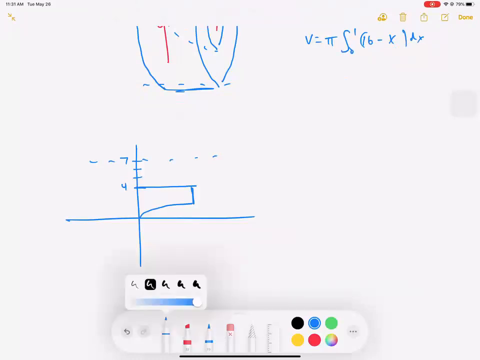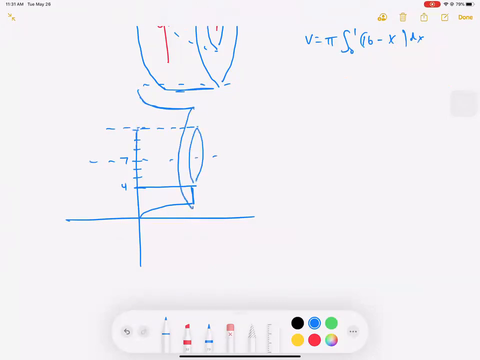To draw the mirror image, 1, 2, 3. This is for the inner. And then the graph would look something like that. And this looks like a hollow tree stump.